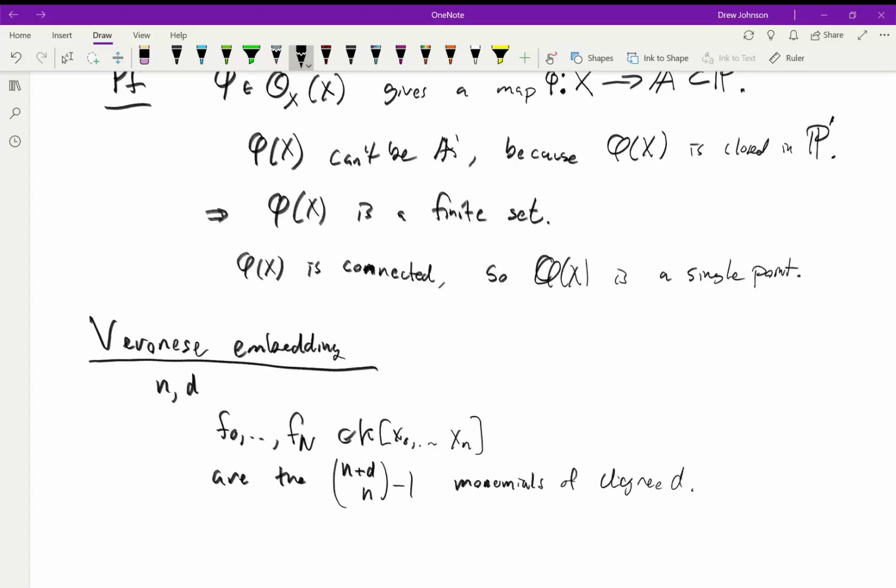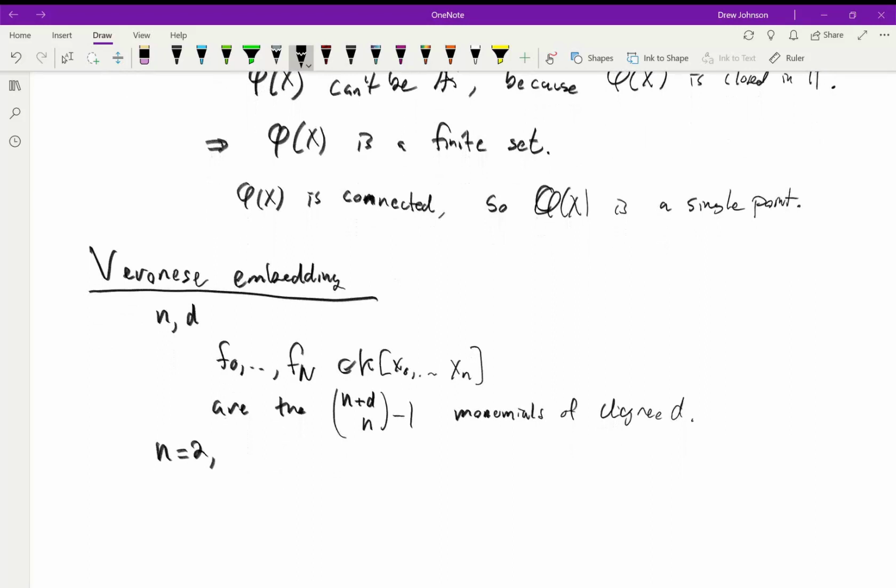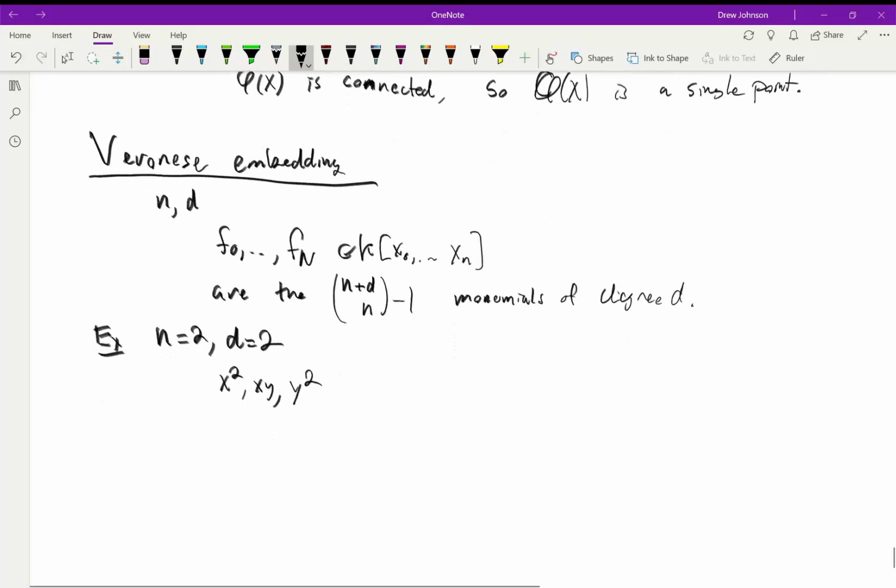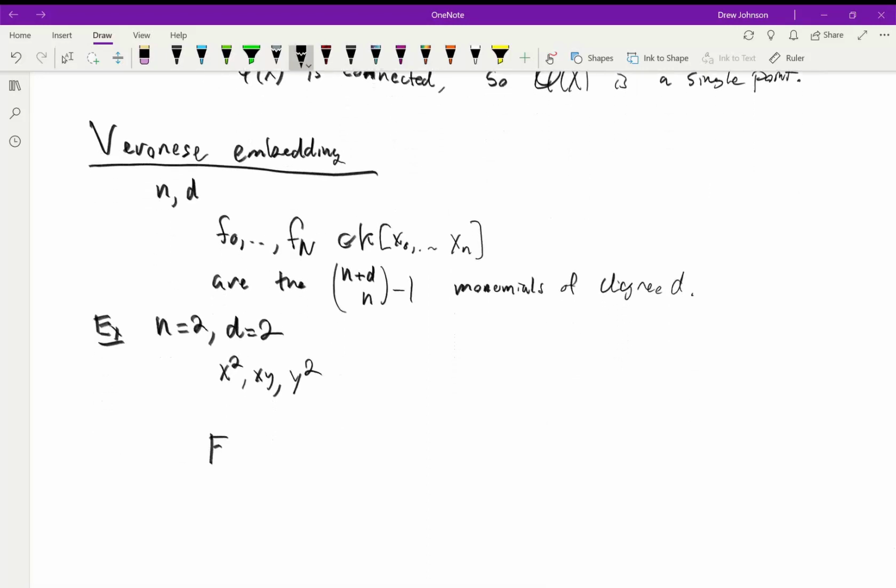For example, if we had n equals 2 and d equals 2, then this is something like x squared, xy, and y squared. We're going to define a map, let's call it f, from P^n to P^N, where capital N is this number, given by x maps to (F_0(x), ..., F_N(x)).